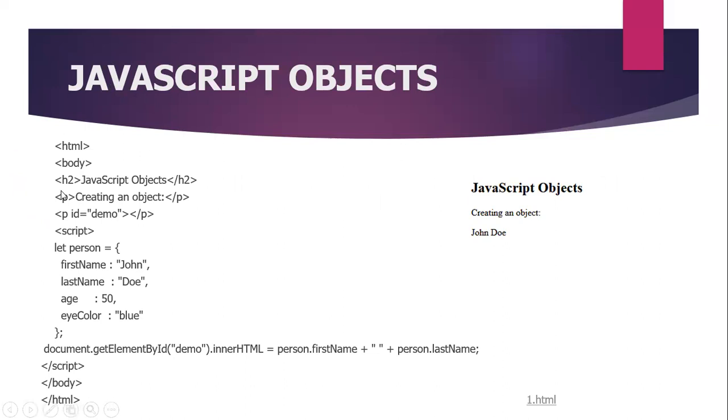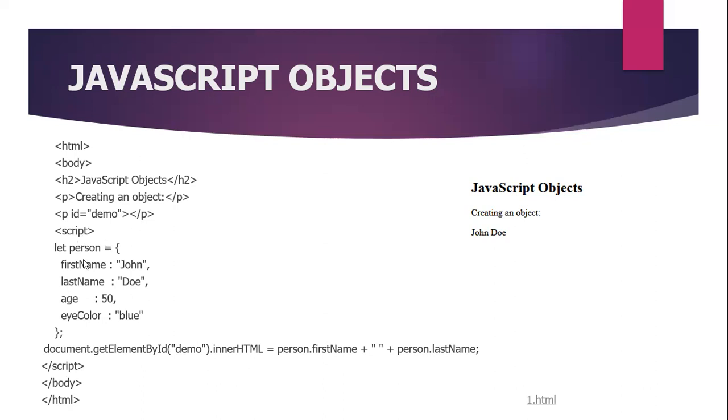This is an example program. So HTML body, under the H2 tag, I'm giving JavaScript Objects. Using the paragraph tag, I'm creating an object, and creating an ID, demo. Then I'm giving the script under the script tag.